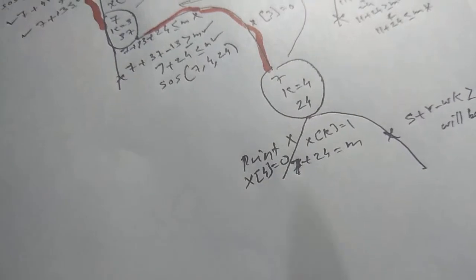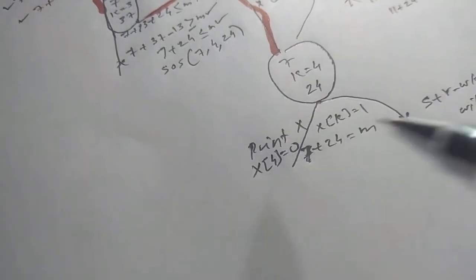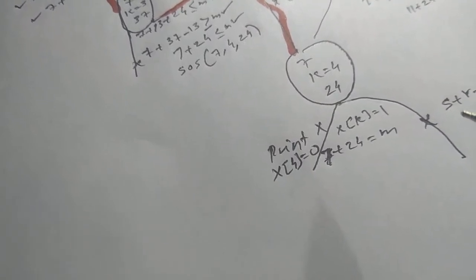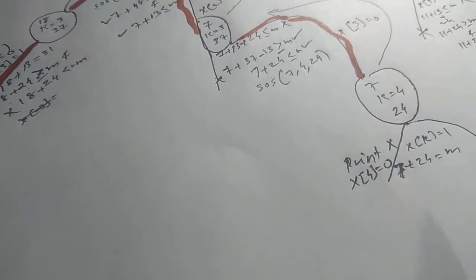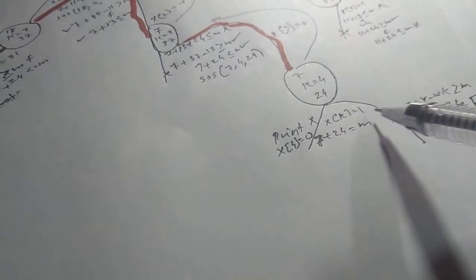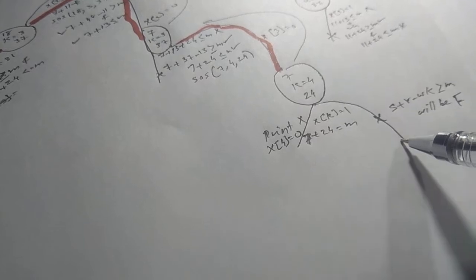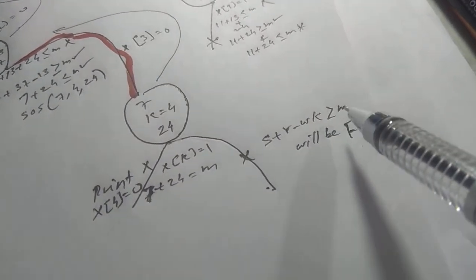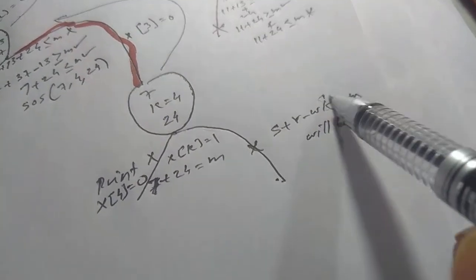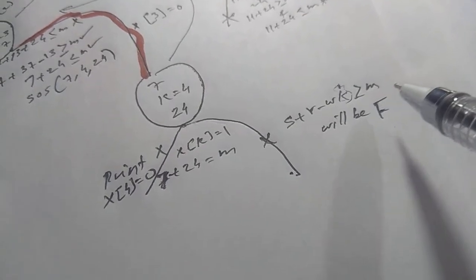Then after printing, it has to check the conditions for creating the right child. The condition for the right child is sum plus r minus wk of k, is it greater than m?